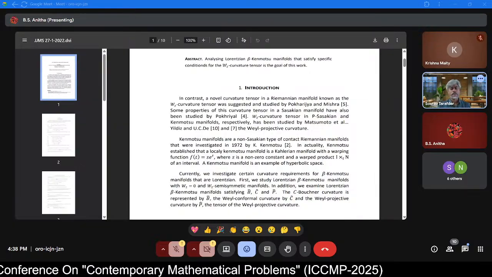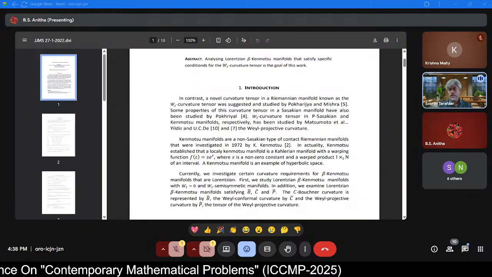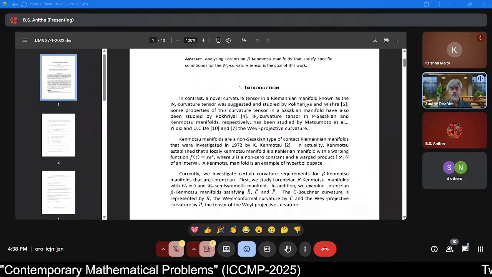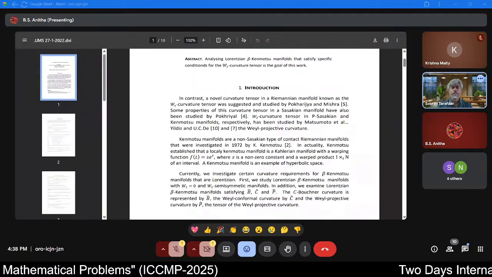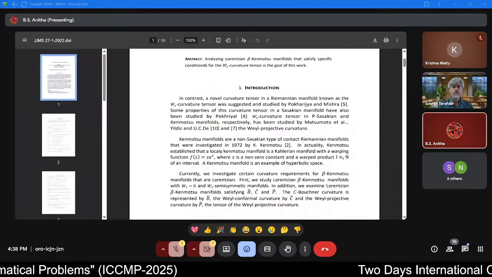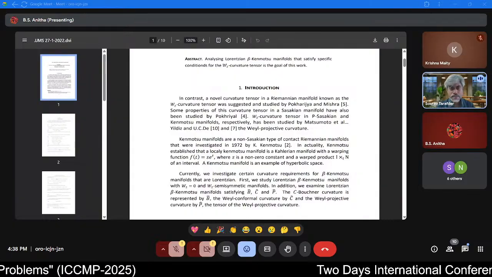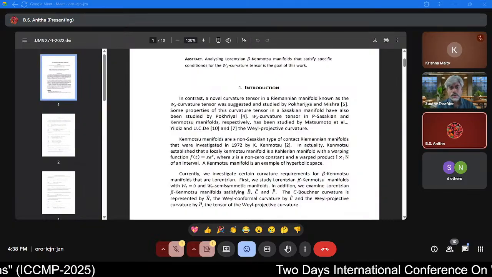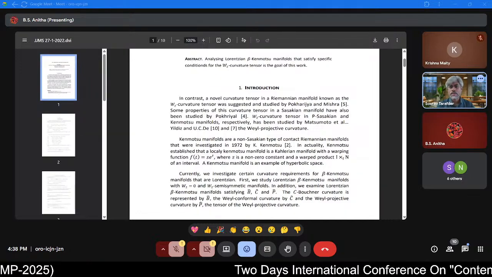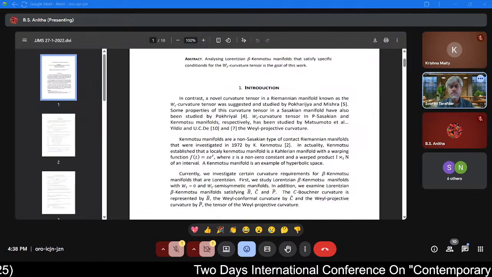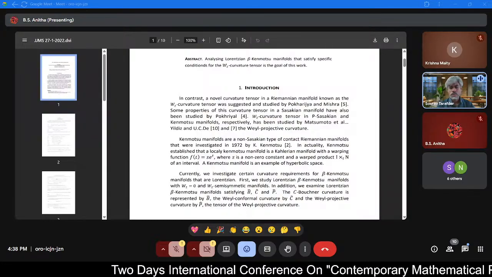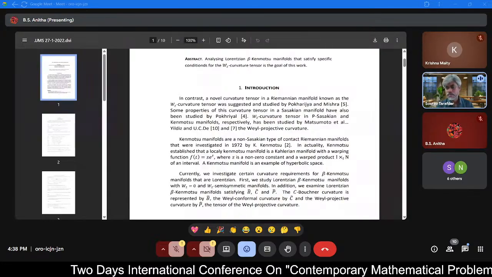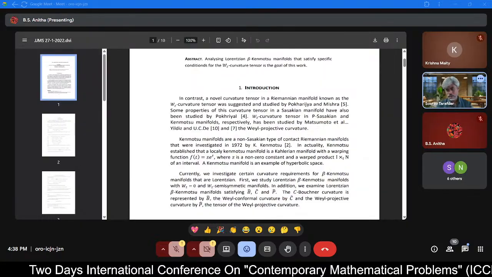They will take the decision. Anyway, I'm now going to the next speaker, Professor Ranjan Burman from Dinhata College. Can you please come up and share? Dr. Ranjan Burman from Dinhata College, are you there?